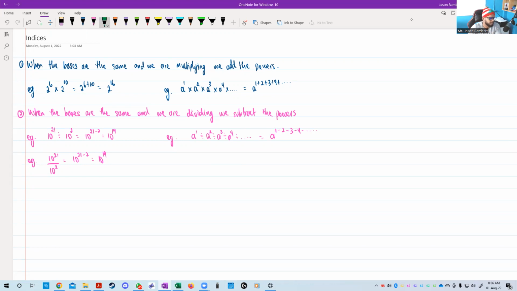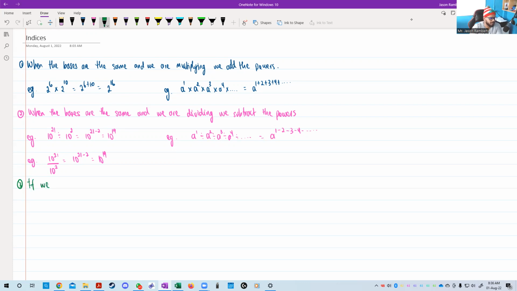Law 3. Who could remember what law 3 is? If we have a base raised to multiple powers, we multiply the powers. Very good.